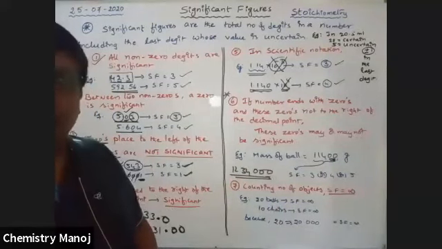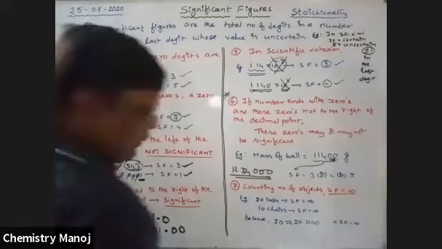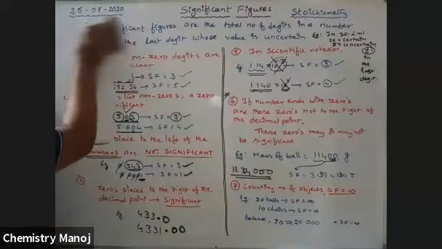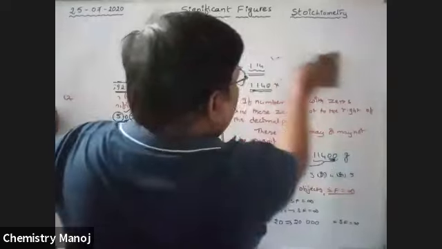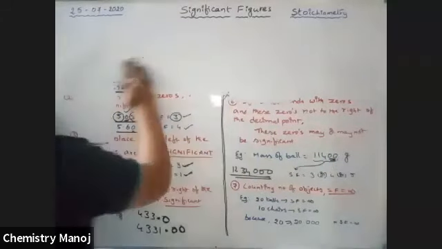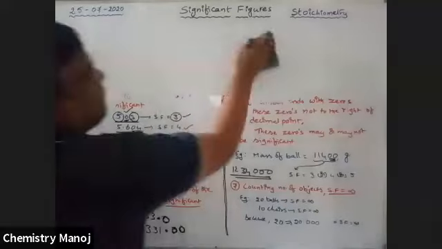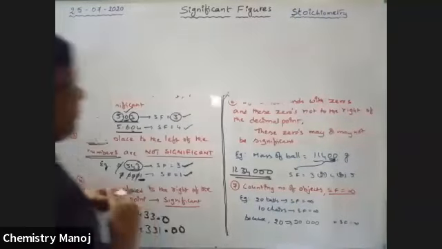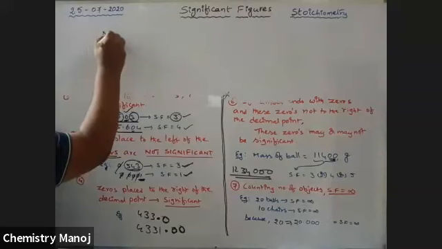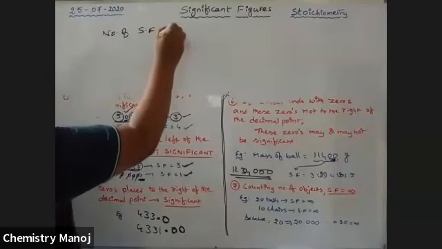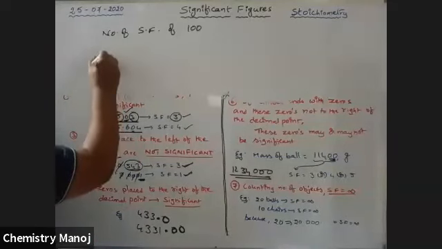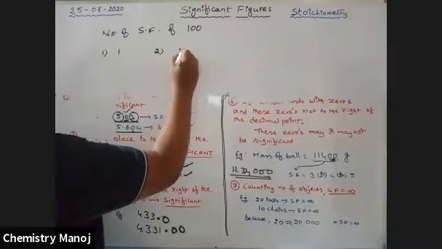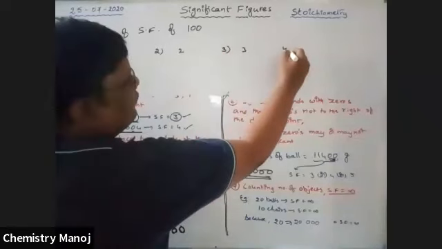See, boys, for example, number of significant figures of 100. That is option 1, option 2, option 3, option 4.